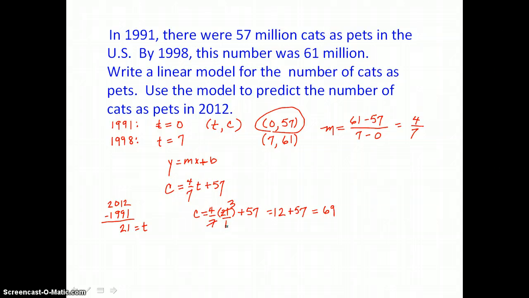So that tells me that the number of cats in 2012 is going to be 69 million in the U.S. So in 2012, the number of cats as pets in the U.S. is 69 million, according to this model.